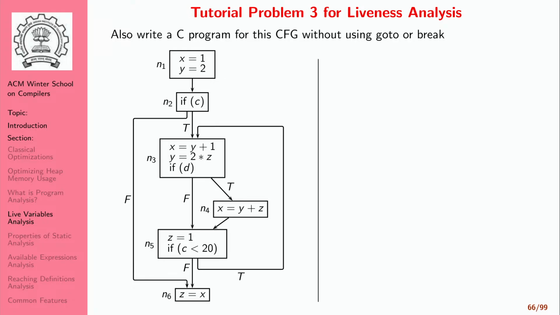How will the control go from N5 to N3? There's a loop there. You don't have a loop in your program.